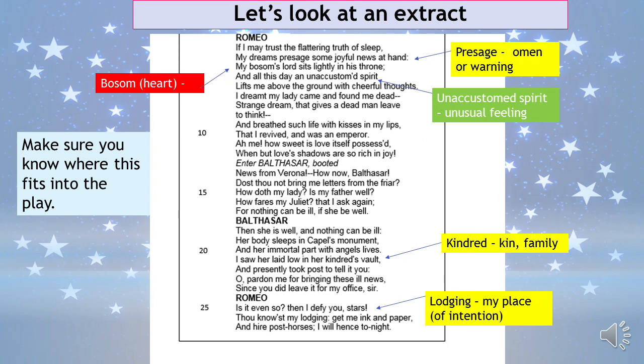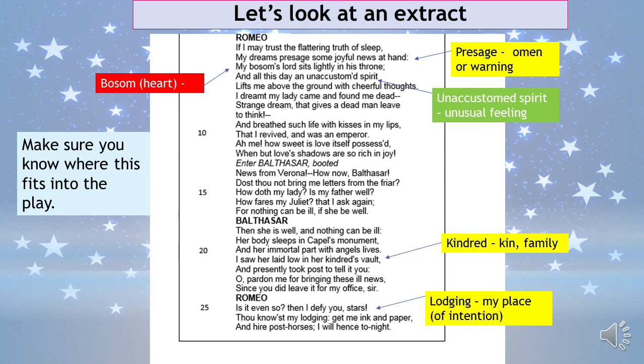Enter Balthazar, booted. News from Verona. How now, Balthazar? Dost thou not bring me letters from the friar? How doth my lady? Is my father well? How fares my Juliet? But I ask again, for nothing can be ill if she be well. And of course Balthazar, then she is well, and nothing can be ill. Her body sleeps in Capel's monument, and her immortal part with angel lives.